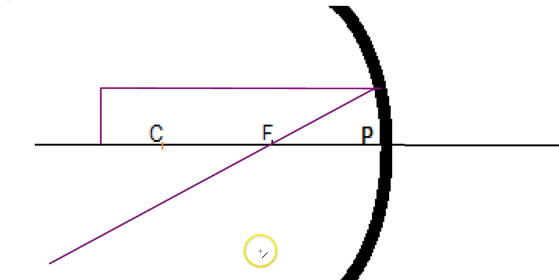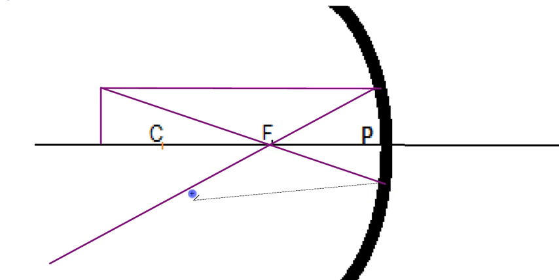The third thing you can use is passing it through C also, but then we'll use the same parameter. We'll pass it through F, and subsequently we make it parallel to the principal axis. So the image is somewhere here.